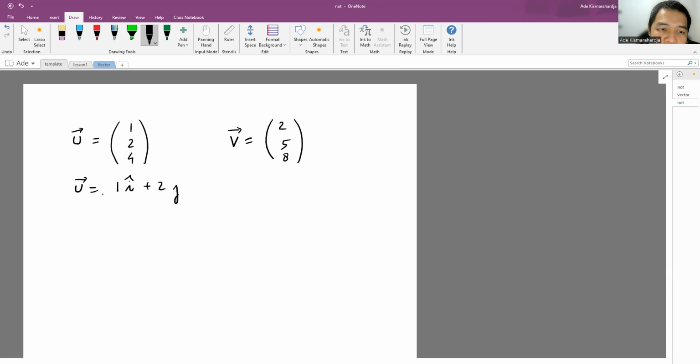That's essentially the same thing. When you have u as 1, 2, 4, this is the same as 1i plus 2j plus 4k. And also v is 2i plus 5j plus 8k. So essentially, we now want to do the dot product between them.